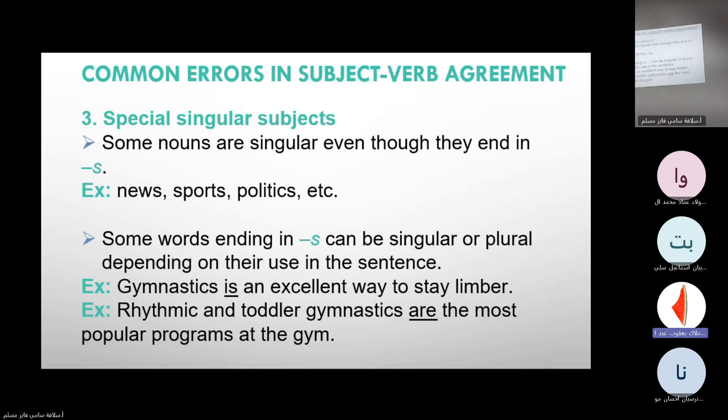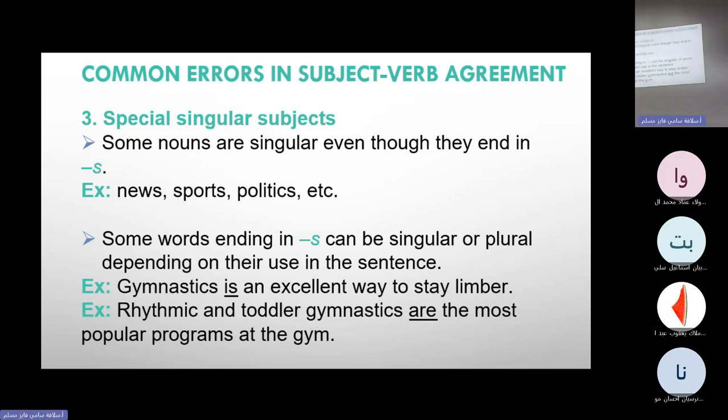News, sports, politics. Exactly. So these words are singular but they end in S. And here people run into problems because they say news are. The news is.